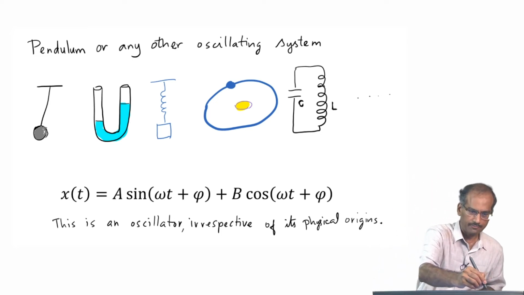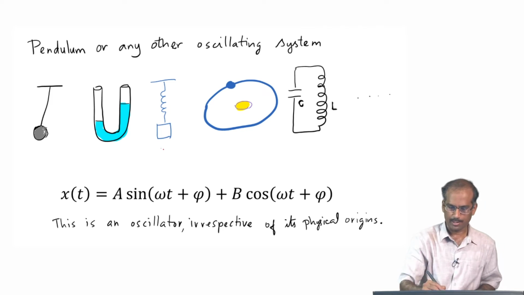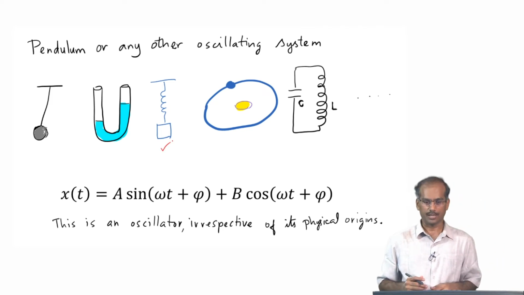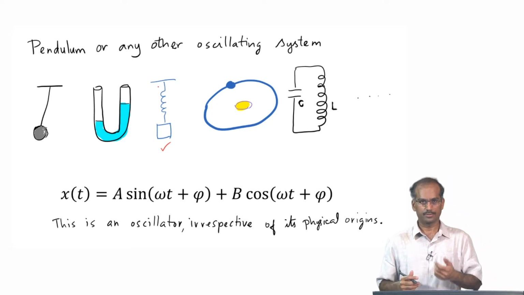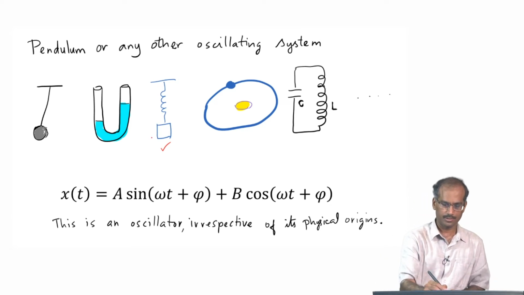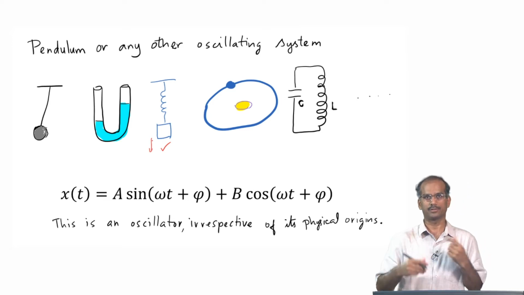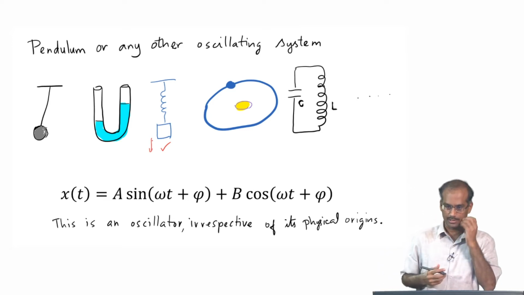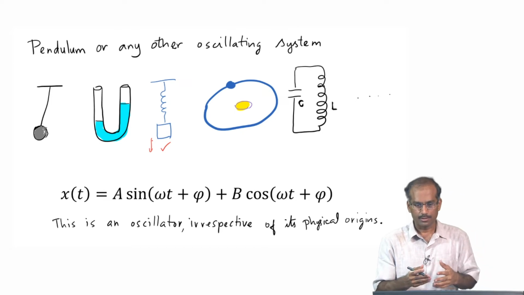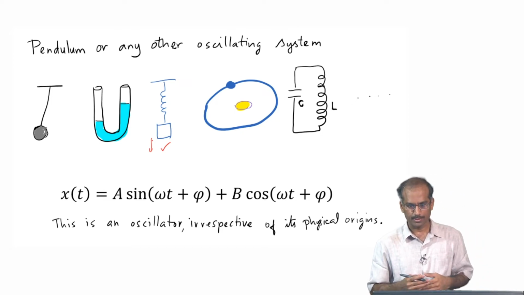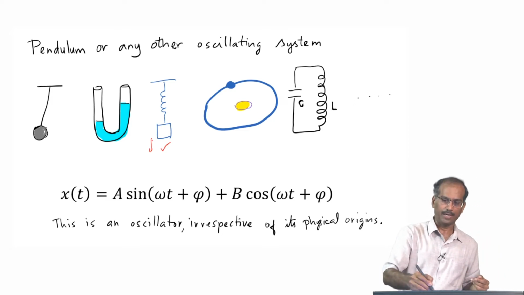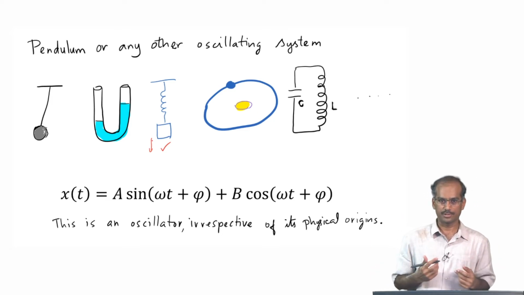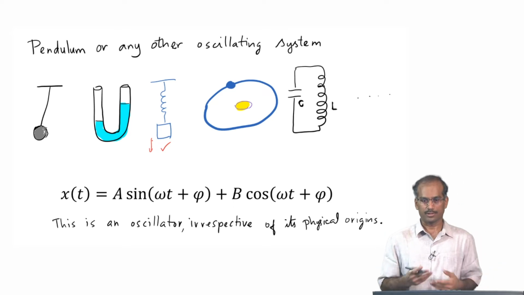I also have a mass hanging from a rigid support through a spring. If I pull it down a little bit, I can make it oscillate up and down. That is an oscillatory system. And I have a two body problem here; maybe you can think of it as a sun and a planet going around the sun, for instance. This can be thought of as an oscillating system.